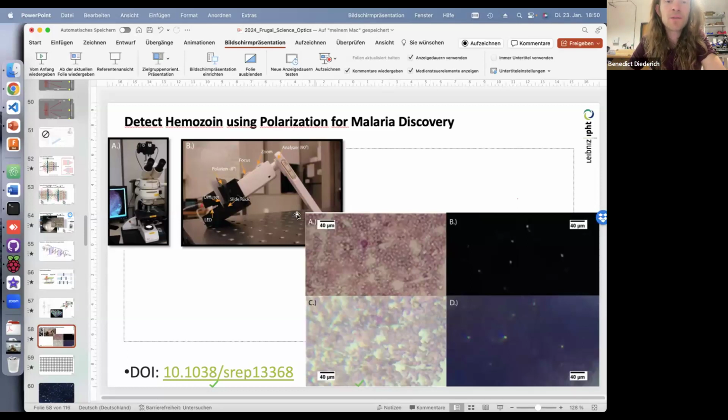So that means if you have this crossed polarizer microscope, you can sense the hemozoin, and then you can essentially detect malaria in a very sensitive way. And it's still very low cost because you only need two polarizers and then you just cross them, and that's pretty much it.